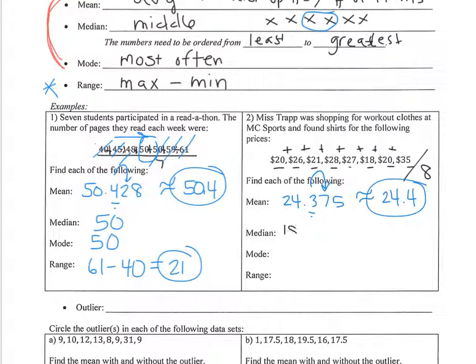So it goes 18, then the next number is 20, then there's another 20, the next number is 21, then a 26, then a 27, 28, and 35.